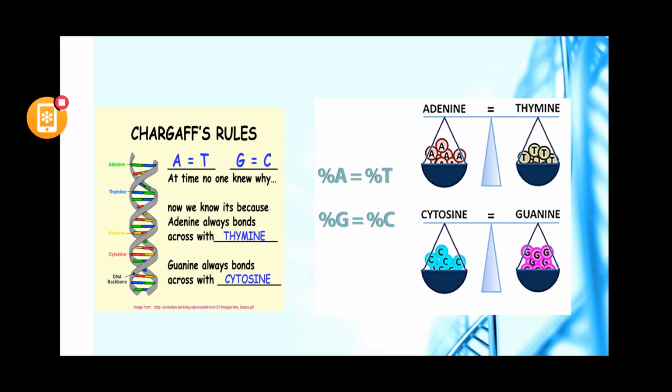From that principle we came to know that the percentage of A is equal to the percentage of T and the percentage of G is equal to the percentage of C. It will always be equal when you compare in double stranded DNA.